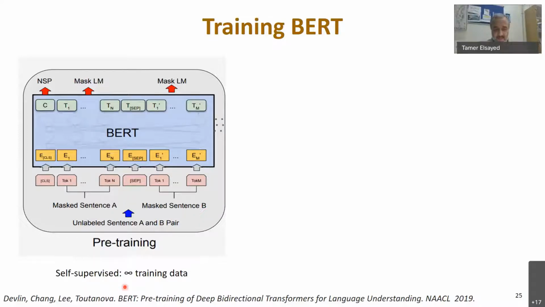That's why we have something like infinite training data. We can train it on any collection of text. So that's pre-training. Out of this phase, we have a pre-trained model, which is BERT large, BERT base. I think there are other versions. These are the pre-trained models. We don't have to pre-train it again because that's very expensive.